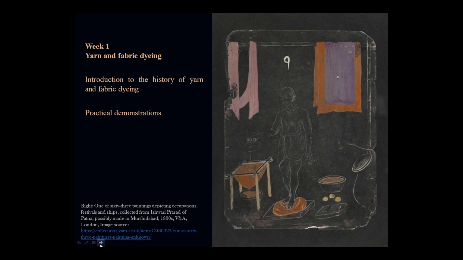So, in week 1, we will look into certain aspects of yarn and fabric dyeing, and here we will look into how yarn dyeing and fabric dyeing were done in history, but also how we understand their documentation, archival records, and their significance in human history.